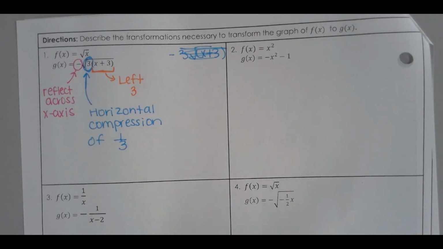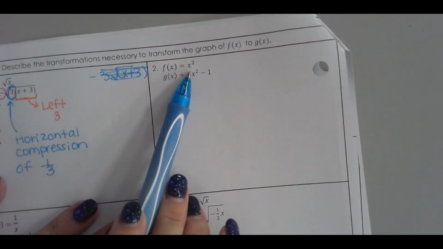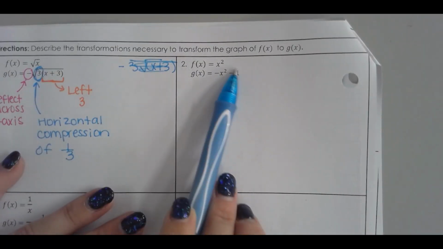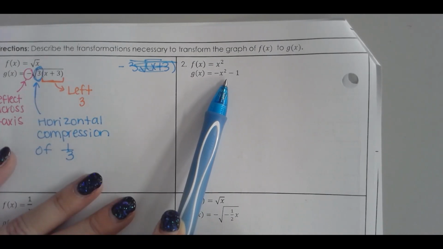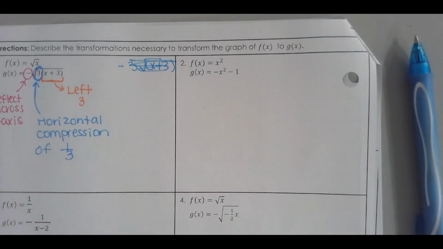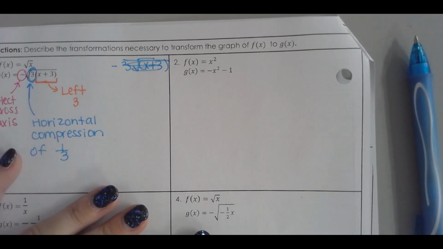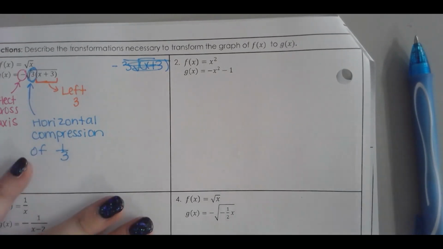All right, let's look at number 2. I'm starting with x squared, and I'm going to negative x squared minus 1. What all do you see that's happening here? Okay, we have a negative.